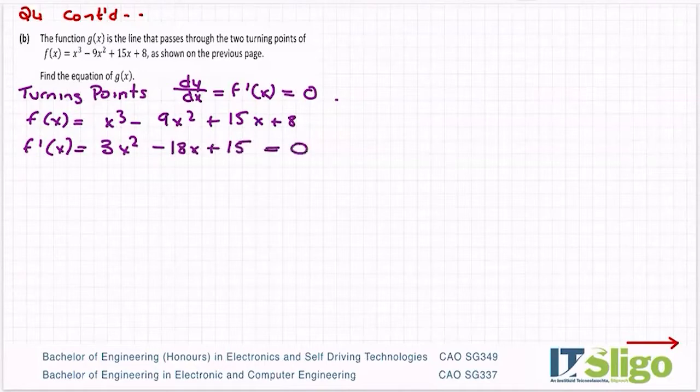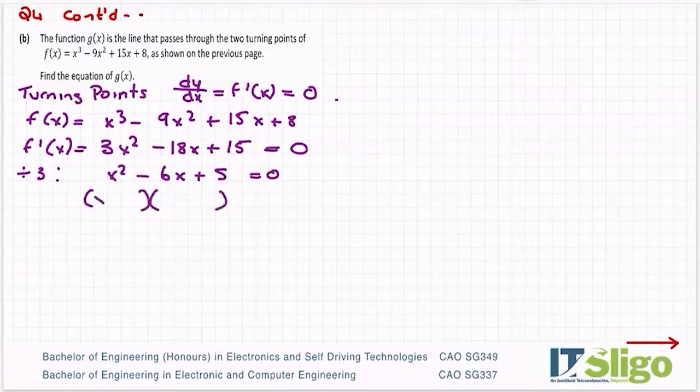And we let this equal to 0 to find those turning points. I'm going to divide across by 3 to make the maths easier because I can see it divides in here, here, and here. So I'll have x squared minus 6x plus 5 equals 0.